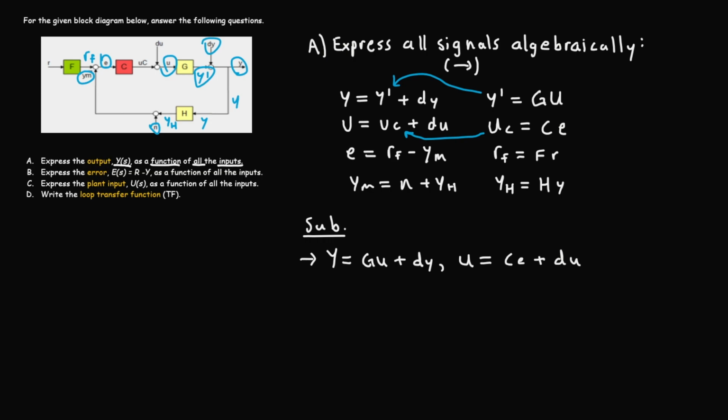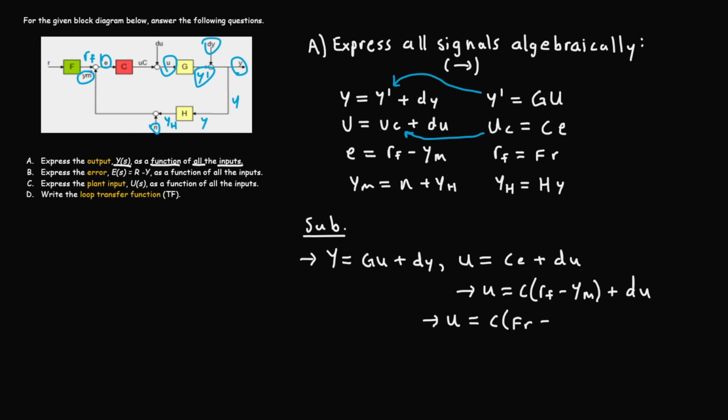And now we can further expand this equation by substituting in E, since we also have an expression for that, which is RF minus YM. And here we also have an expression for RF, so we can go ahead and substitute in F times R for RF. So this will be C times F times R. And then we also know an expression for YM, which is N plus YH.